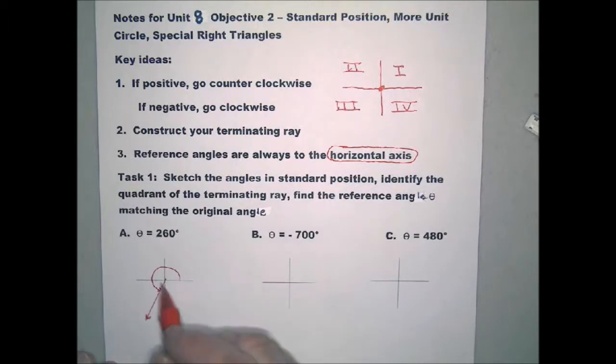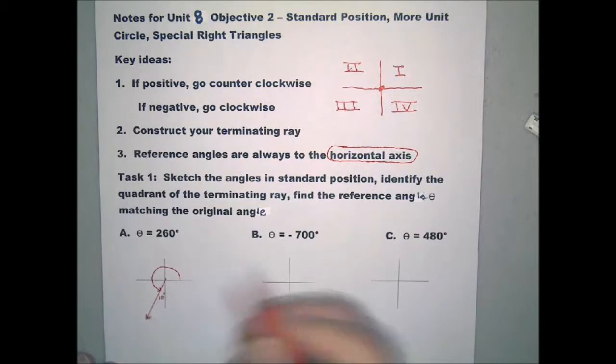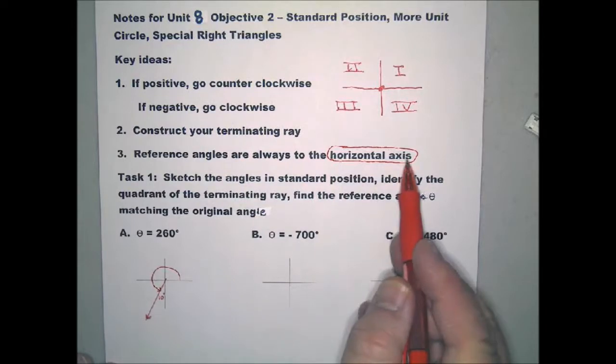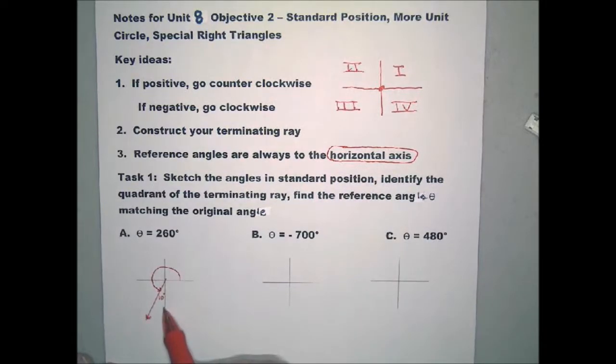In fact, how short is it of 270 degrees? It's 10 degrees short. But the reference angle is always from the horizontal axis. This is a vertical axis. So I go back and I look over here. If this is a 10-degree angle right here, then that means this is an 80-degree angle right here. And so my reference angle is 80 degrees, and I'm in quadrant 3.